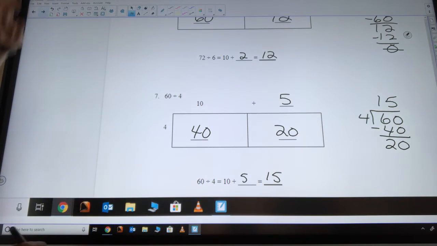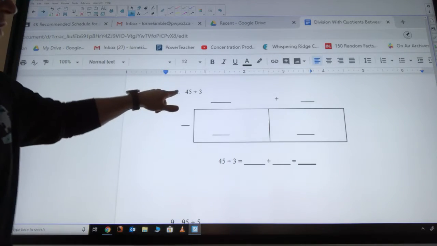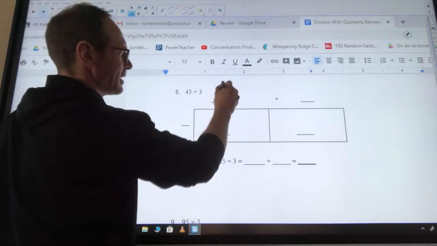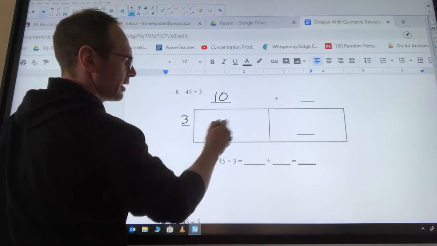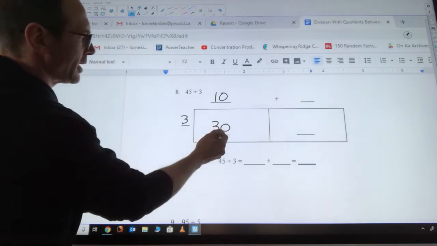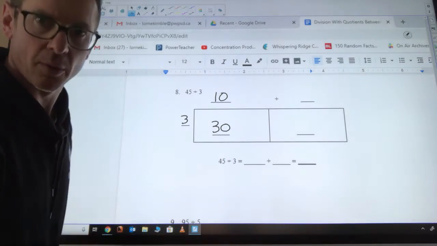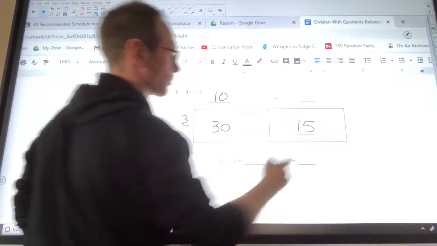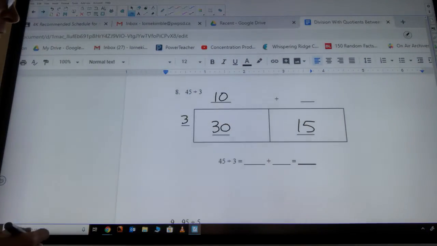Just a couple more to do. Next question is 45 divided by 3. I know it's going to be more than 10, right? Because 10 times 3 is 30. Now to get from 30 to 45, it would be 15 more, right? 30 plus 15 is 45.